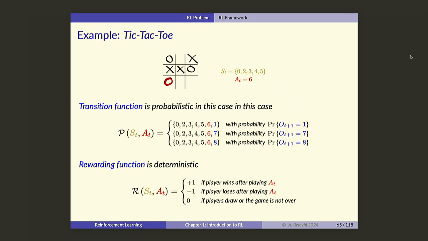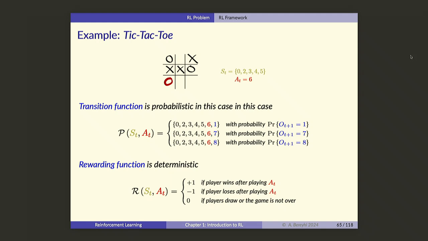The next state could be everything here plus either cell 1, cell 7, or cell 8, depending entirely on the action of the opponent. So the transition from s_t to the next state is probabilistic: with some chance it goes to 1, depending on the chance of the opponent playing 1, or to this one with some other chance, depending on the chance of the opponent playing 7, and so on. This was the transition function.